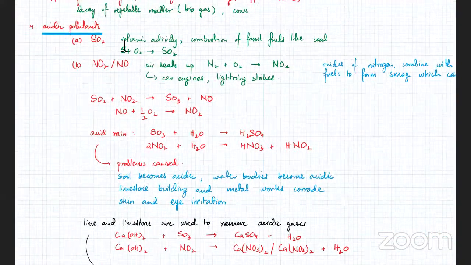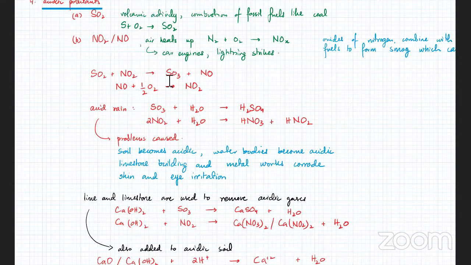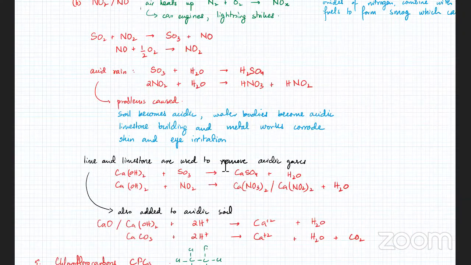Sulfur dioxide produced by volcanic activity, combustion of fossil fuels like coal, etc. Sulfur dioxide was produced, right? This sulfur dioxide would eventually turn into sulfur trioxide and will then form sulfuric acid when it mixes with rain.